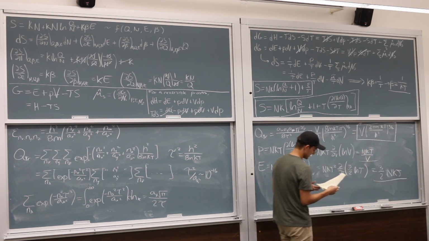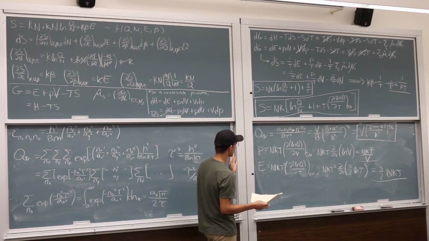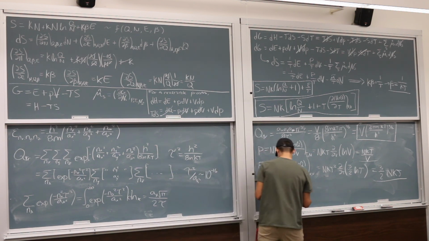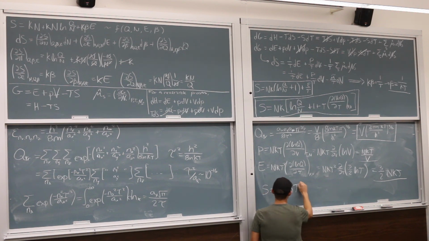I'm out of time, so I won't do the entropy. I'll leave you to do it on your own. But in the end, the punchline is that you can recover the relation for a specific entropy of a thermally perfect gas that we've seen before. That basically just looks like this: s equals something minus R times the natural log of P, plus some sort of constant.